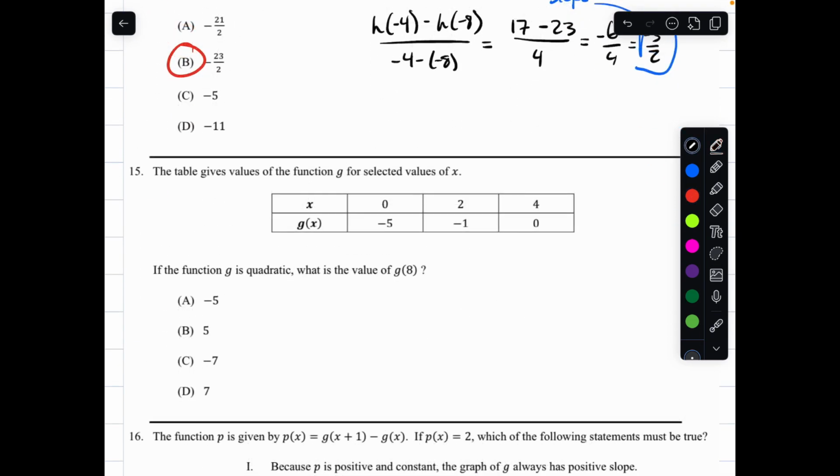So next, okay, looking at 15, we can see one major thing is that we are dealing with a quadratic function, which means that our rate of change of the rate of change is constant. So that's going to be important. I want to find what g of 8 is, and 8 obviously isn't in our table.